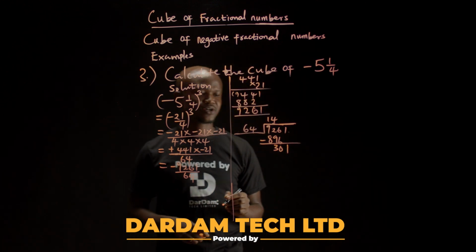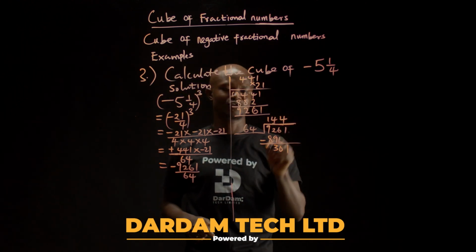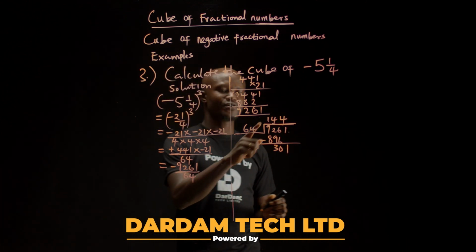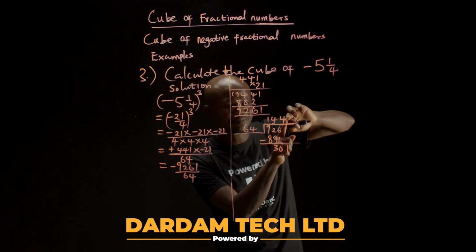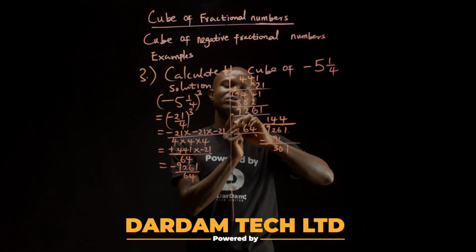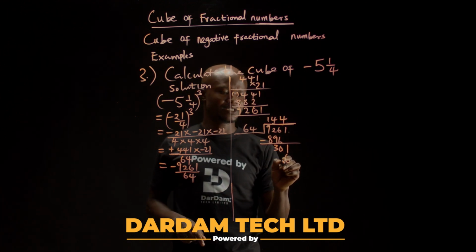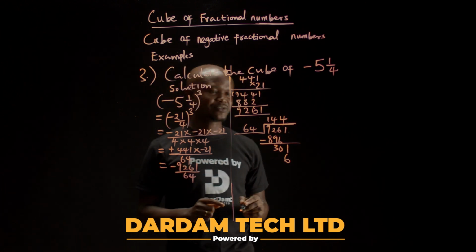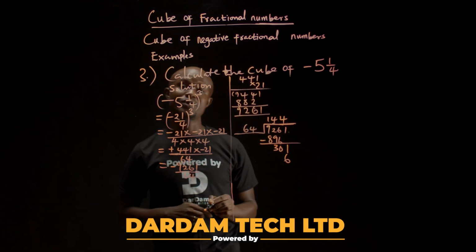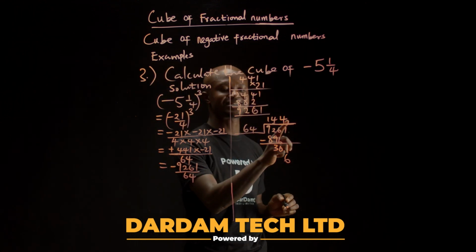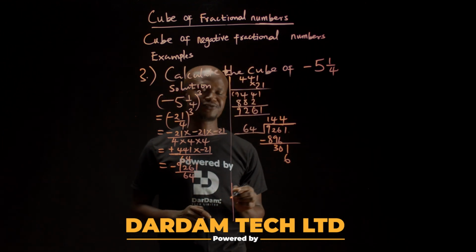Now, 301 divided by 64. How many 64s will you see in 301? We are going to have 4. Now we need to multiply this 4 by 64. 4 times 4 is 16, then we carry 1. 4 times 6 is 24, and 24 plus 1 is 25.